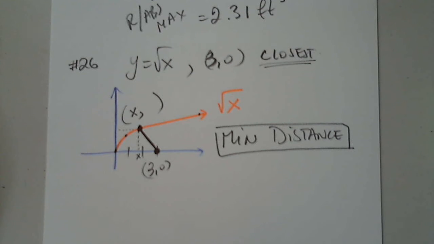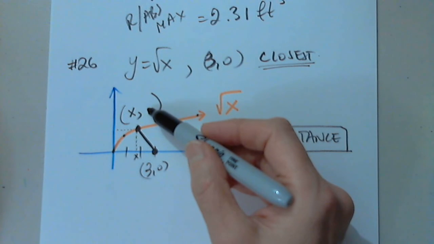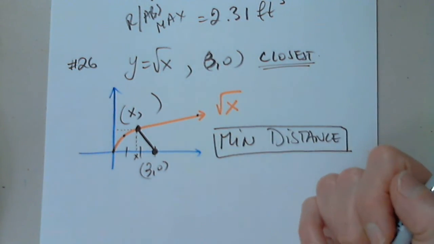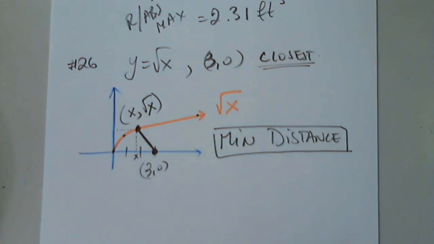There is nothing for us to be thinking about. It's on the graph of the, sorry? Square root of x. Right, because it's on the graph of the function, of course.